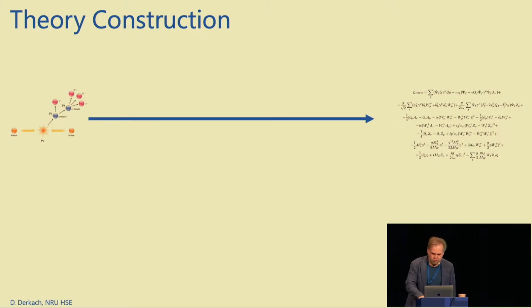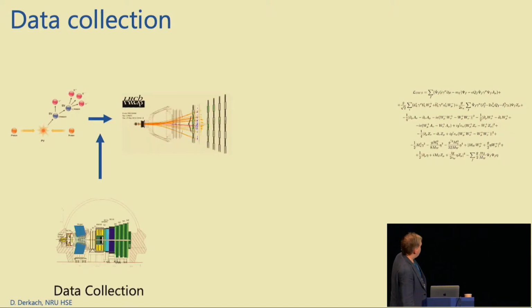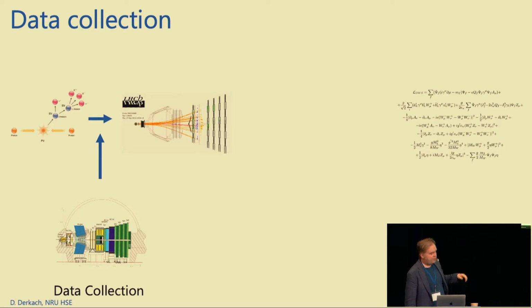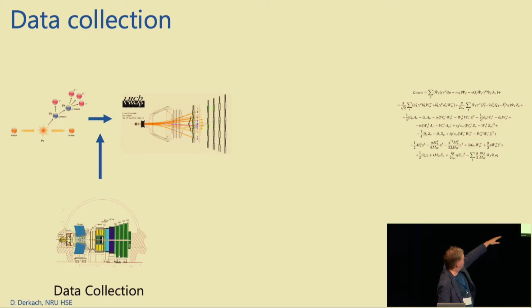So we collect the data using the detector, the camera I showed you before, which had a photo of one of the layers of the detector. And in fact, the event looks like this. This is a projection of the event collected by the camera, the representation of data that we have.